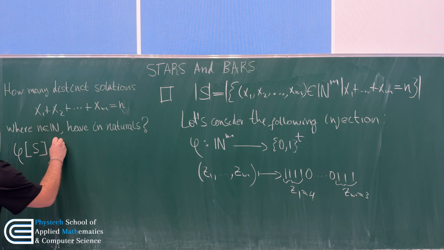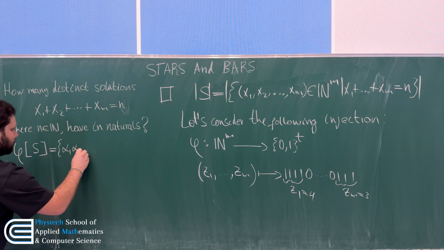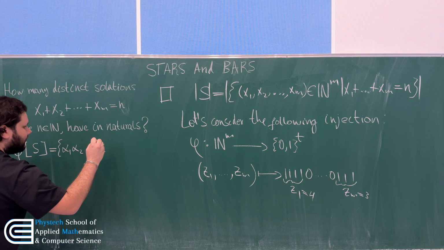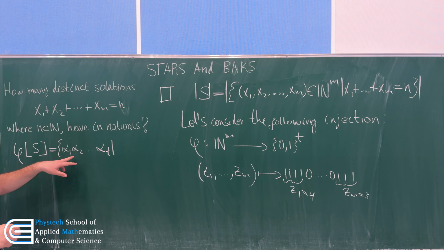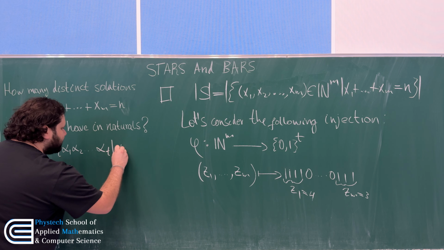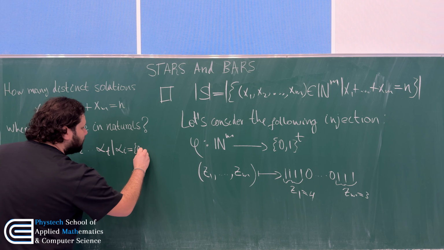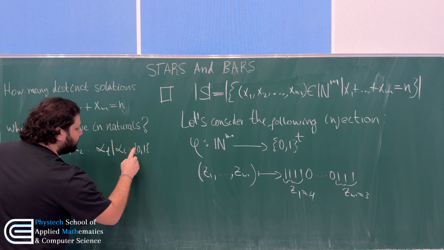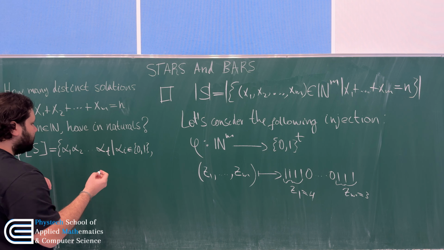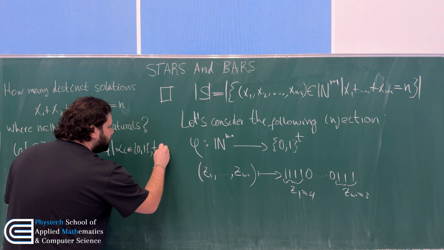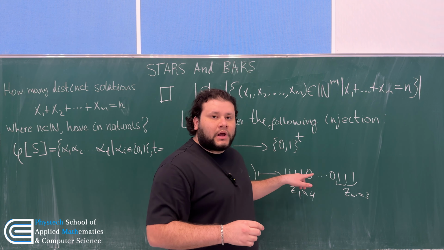This is going to be equal to, let's say, alpha 1, alpha 2, and so on till alpha t, such that each alpha is going to be 0 or 1. And t is going to be the whole amount of zeros and ones that we have.